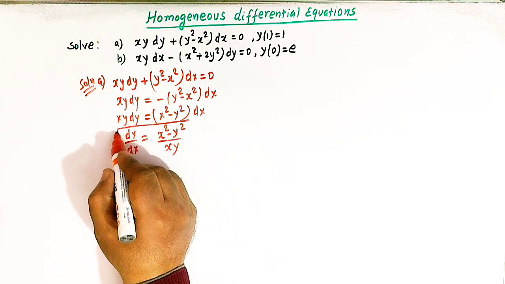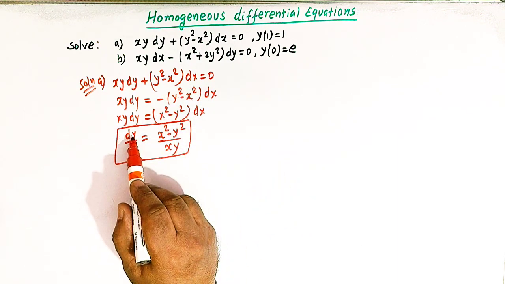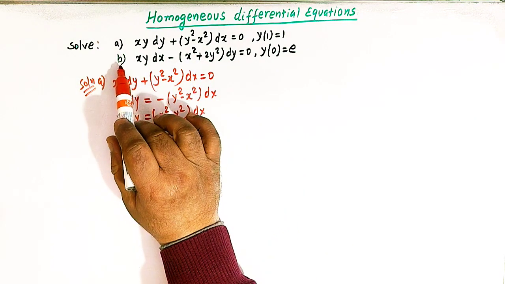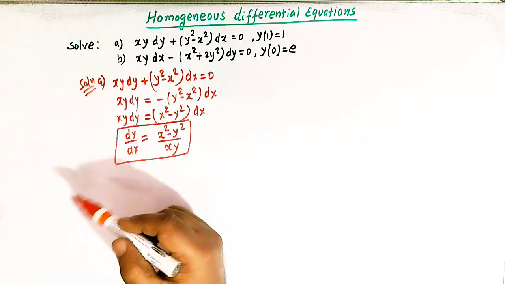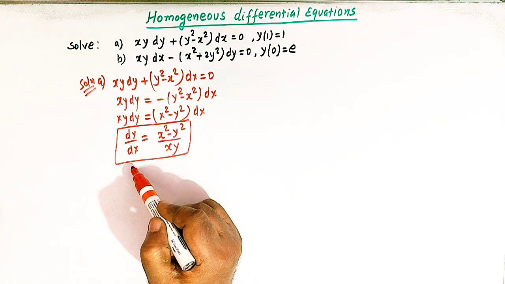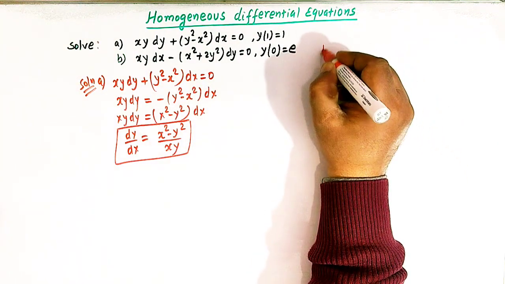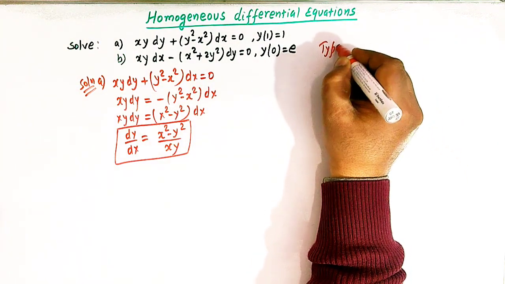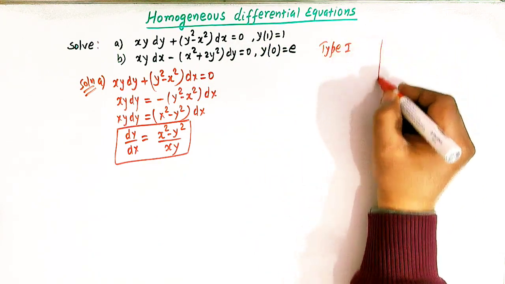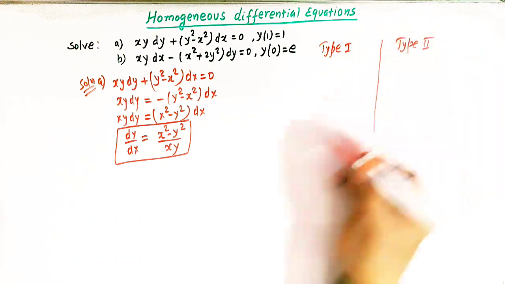So that is the first step, to get an expression for dy over dx, right? And later on we'll see that in the second equation we have to form an expression for dx over dy, right? So we are discussing two types of homogeneous differential equation here, type 1 and type 2, right?